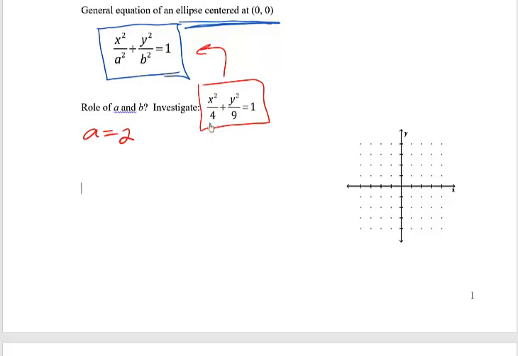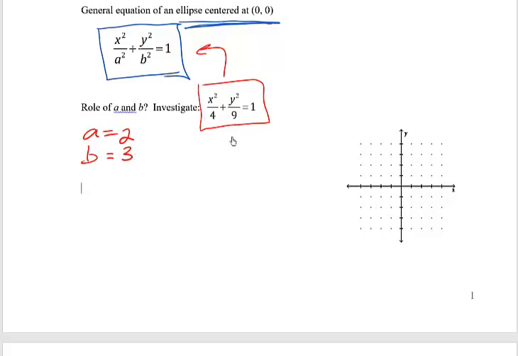If a squared is 4, that means a must be 2. In a similar way, if b squared is equal to 9, then b must be 3, because 3 squared is equal to 9. Another way you could say that is that a and b are the square roots of these bottom numbers. Square root of 4 is 2, square root of 9 is 3.